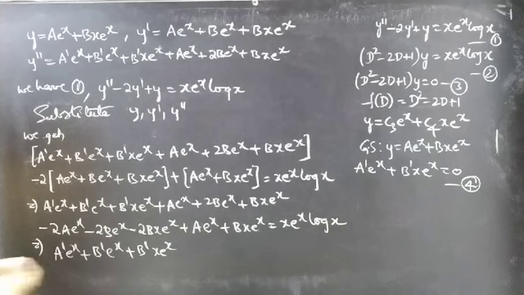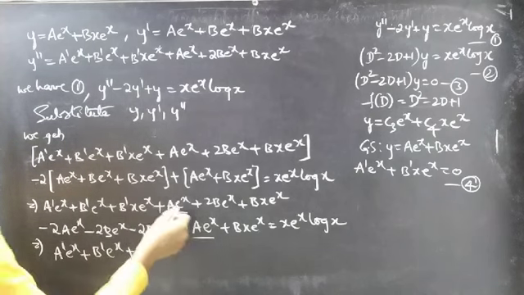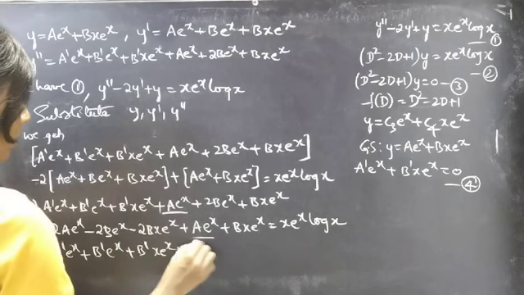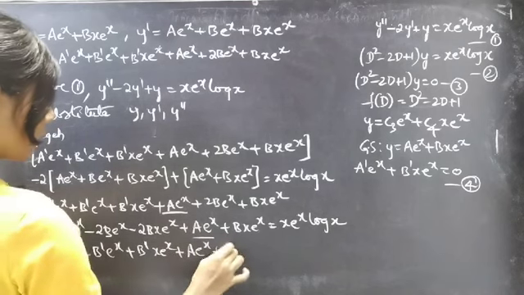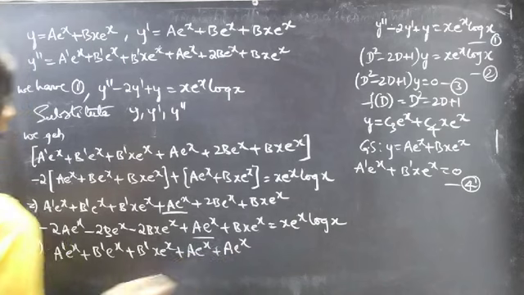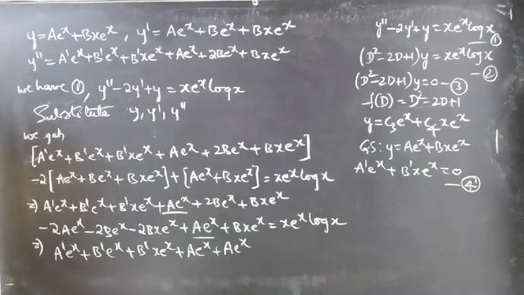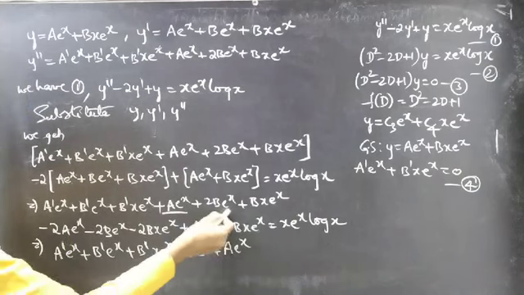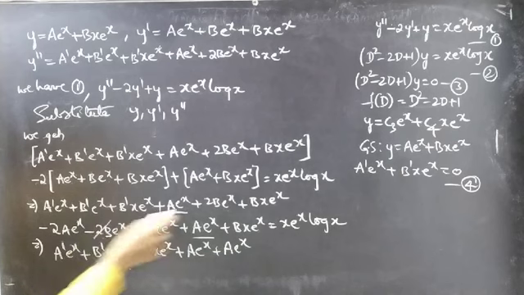Now write the like terms. a e power x plus a e power x again. Okay, here 2b e power x and minus 2b e power x get cancelled, right?